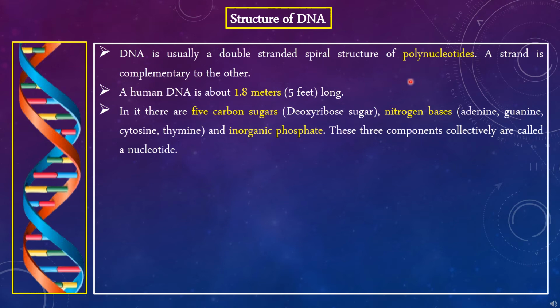And you know, DNA consists of polynucleotides. So in a nucleotide you will get deoxyribose sugar, nitrogen base, and inorganic phosphate. Deoxyribose sugar, nitrogen bases, and inorganic phosphate combinedly form nucleotides. And DNA is formed with many nucleotides. That's why it is called a structure of polynucleotides.